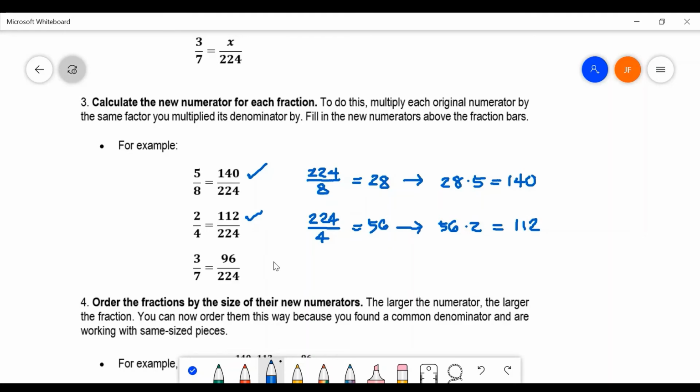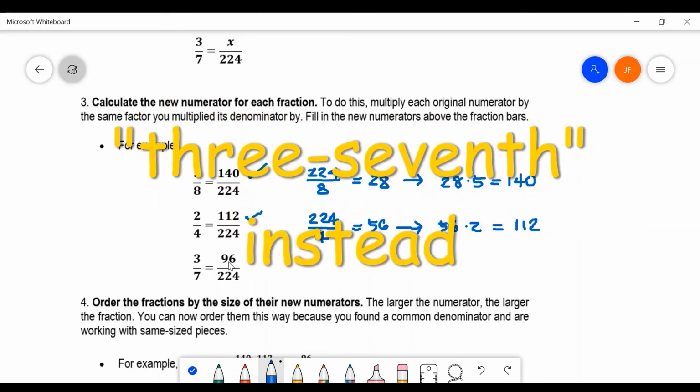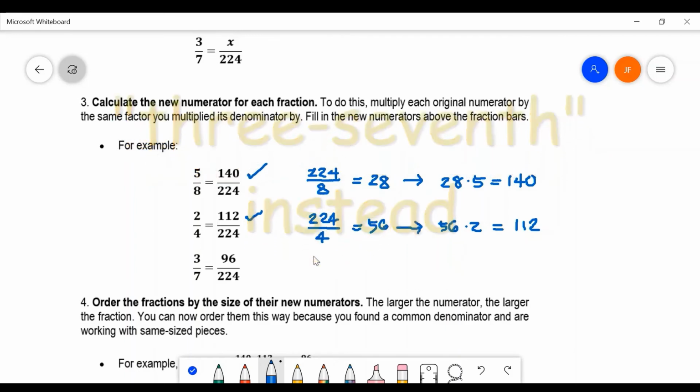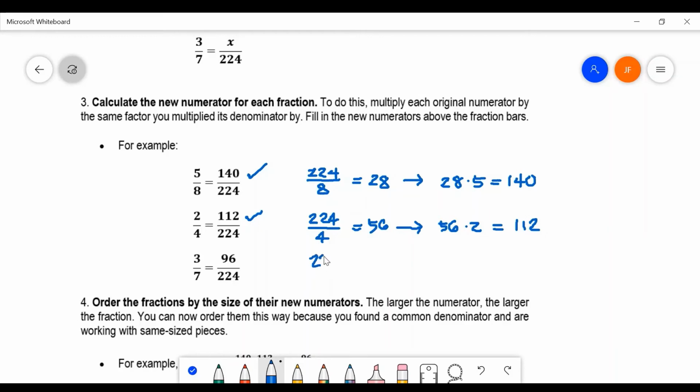Now for the last fraction, 3/7 equals 96 over 224. Again, we have here 224 divided by 7. Instead of thinking hard for this, we can get the denominators 4 and 8, multiply that. 4 times 8 is 32.